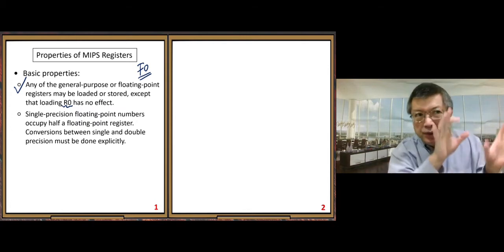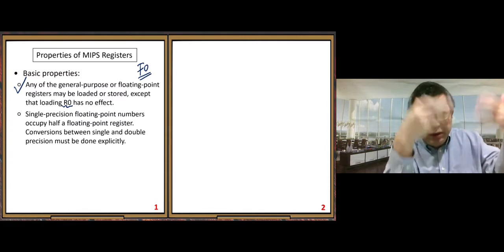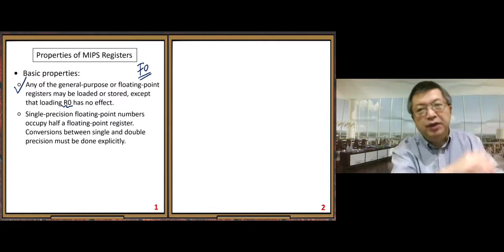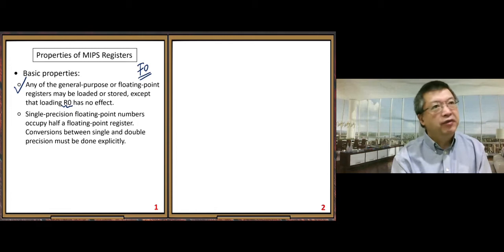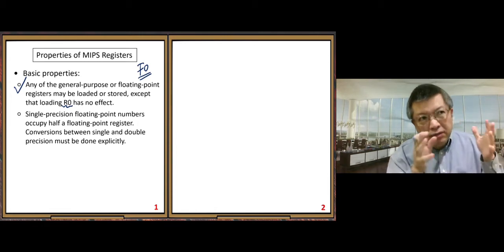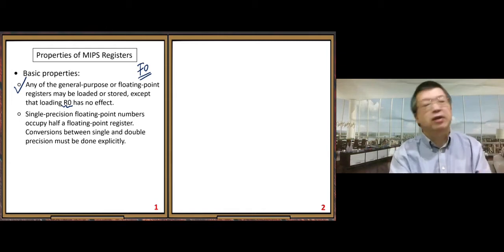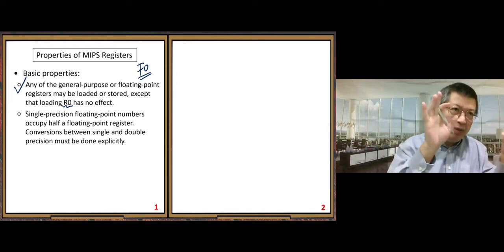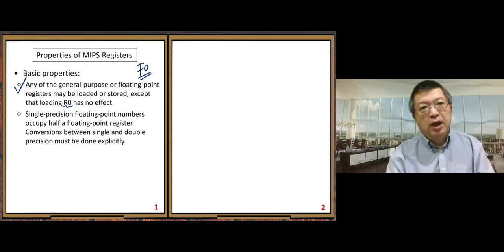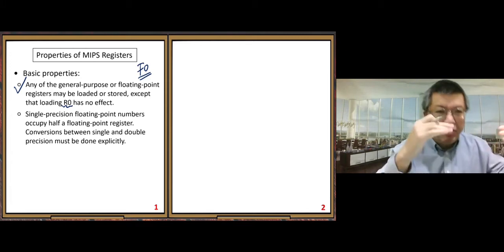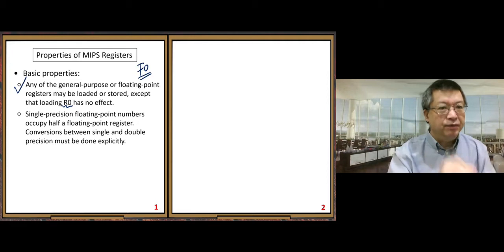But how to handle the complexity, that kind of detail, for this class, we do not cover that. So we will not go that far. Here we just know a little bit. We just stop at this property, this level.